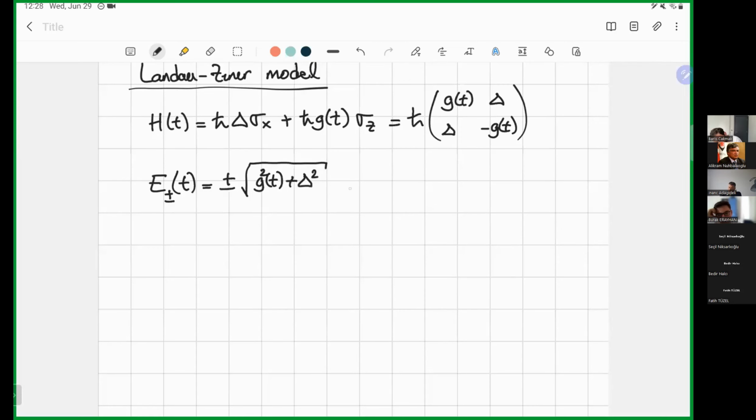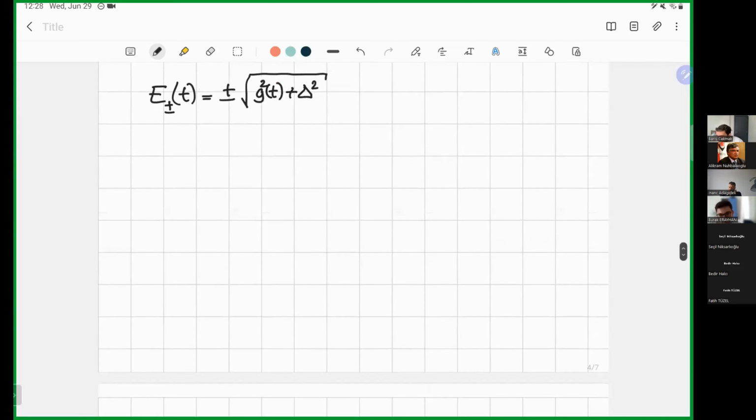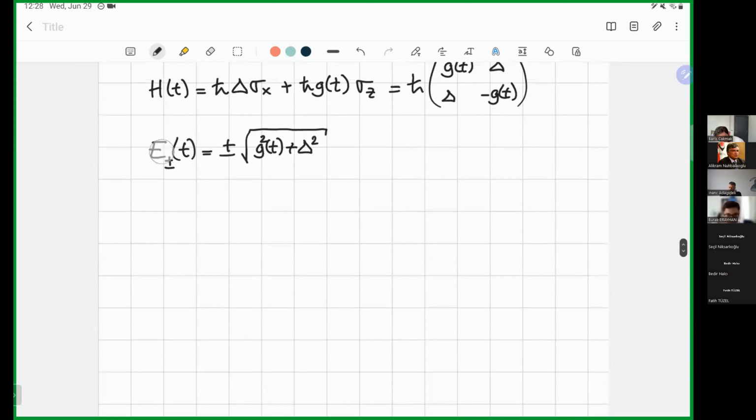And then the eigenfunctions corresponding to these eigenvalues are as follows. We have ψ_+, which can be written like this: cosine θ and sine θ. I will explain what θ is.